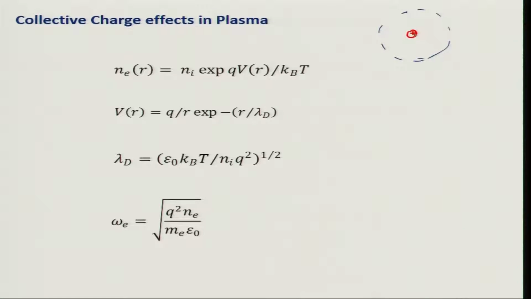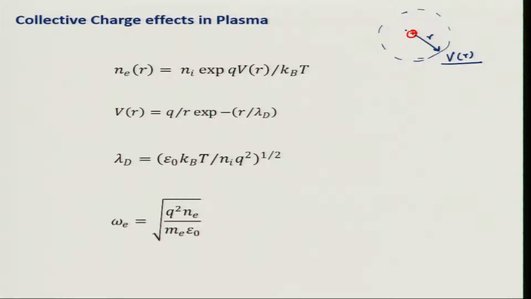Okay. We call this potential V(r) because this will be a function of the distance from the ion. Okay. So, there will be a potential distribution because of these ions. We are talking about just one ion, but we have so many ions and so many electrons. Okay. If there is a positive ion, then we expect that there will be an electron cloud around it.